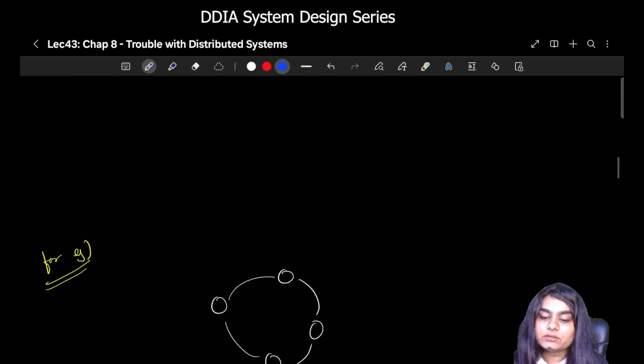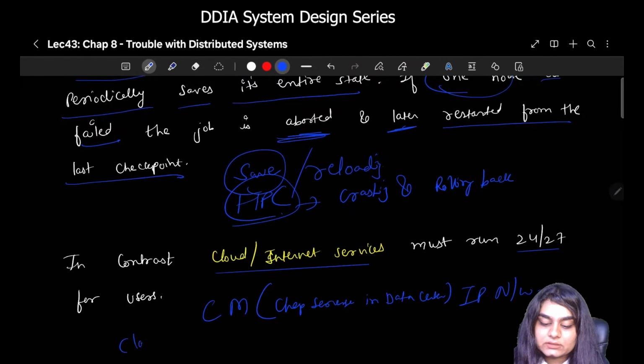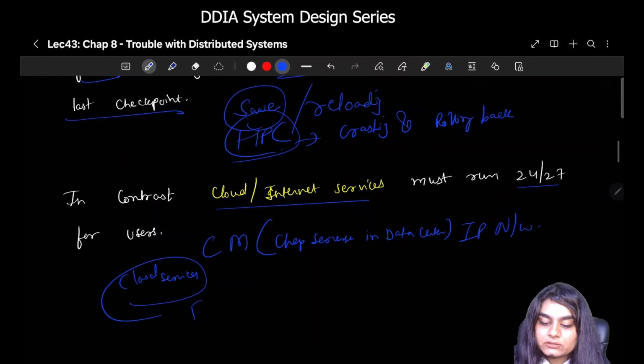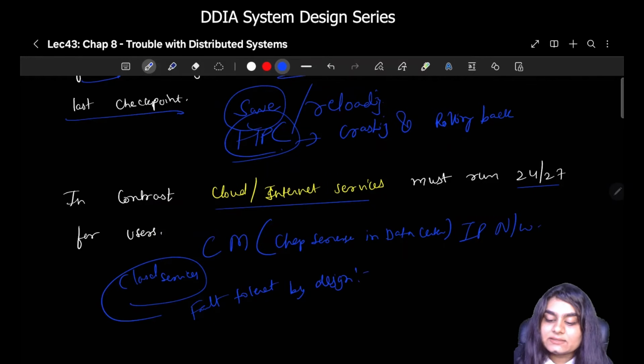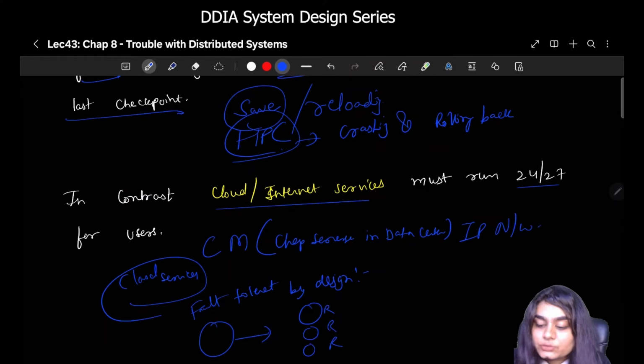For example, instead, cloud services are fault tolerant by design. That is, they spread data across multiple replicas, route around failures, and do rolling upgrades one node at a time.